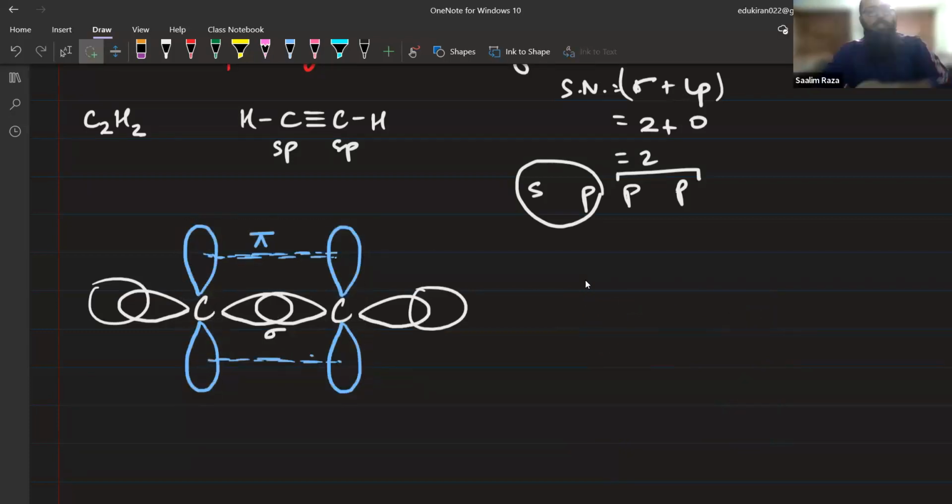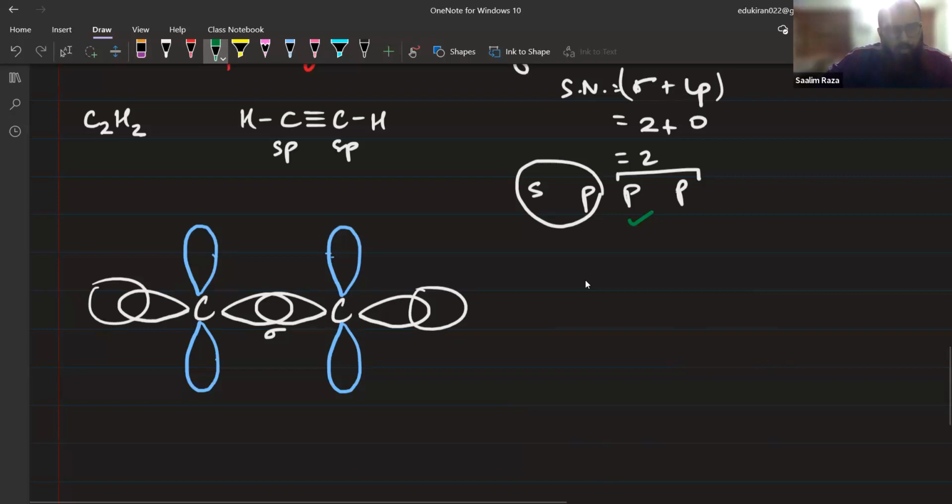Okay. So this is one of the p bonds that we are going to have. Erasing this part because I need to draw one more. Okay, so you have this one p, right? One of the p orbitals. What about the other p orbital? The other p orbital will be like this. Again at 90 degrees.